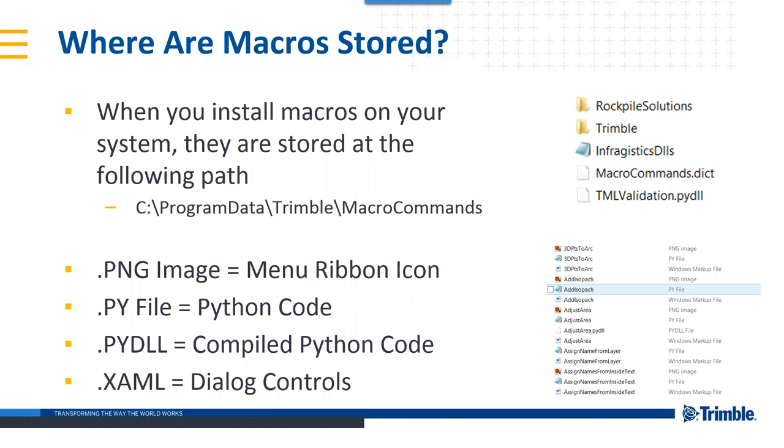And then the last one is the XAML file, and the XAML file is basically all of the dialog controls and the text that appears in the dialog. So if you've got a TML and you don't like the wording in the dialog and you want to change it, you can open up that XAML file and change the dialog text values, and then when you rerun the TML, you'll find the dialog will have updated with your text, and that's how you can translate some of the dialog controls if you want to.